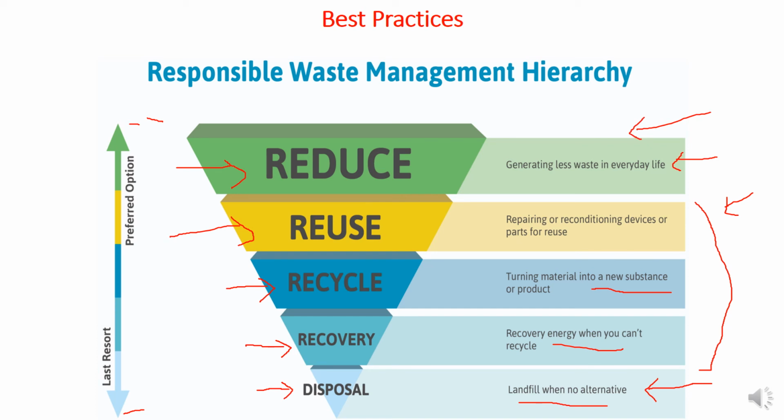Anybody can participate and morally support society, and try to reduce waste generation. For example, try to produce less waste, whether paper waste, or any kind of waste, or domestic waste. So this is the preferred area.